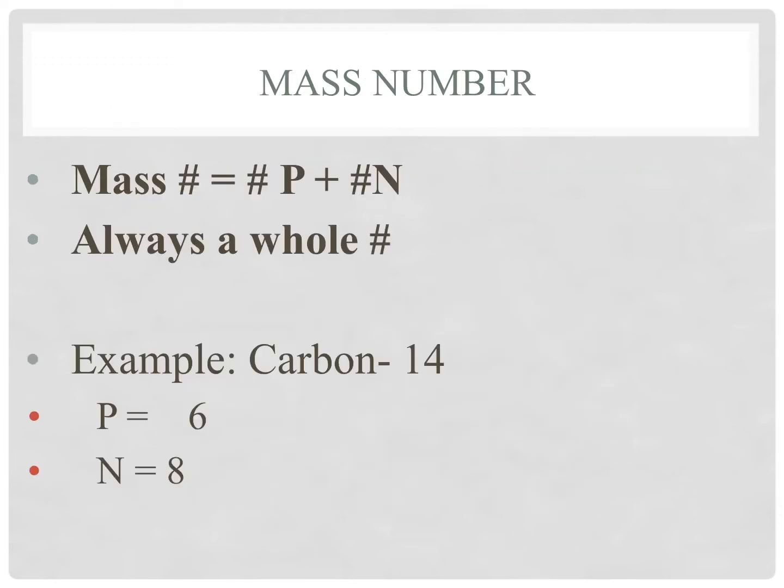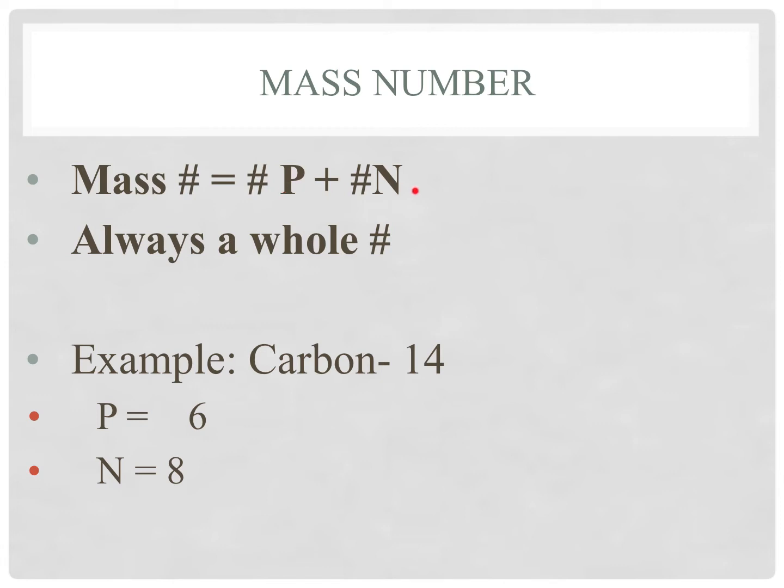All right, so we're eventually going to learn how to count our protons, neutrons, and electrons for isotopes. First, we just need to refresh. Okay, so mass number is how much one individual atom weighs. And what are our 2 subatomic particles that have a mass? Do protons have a mass?